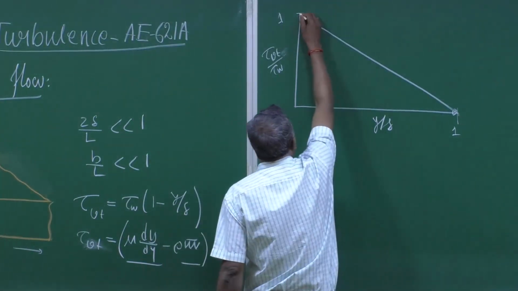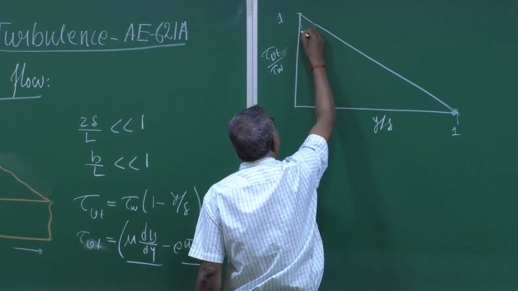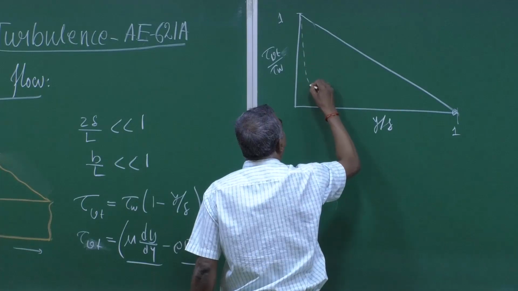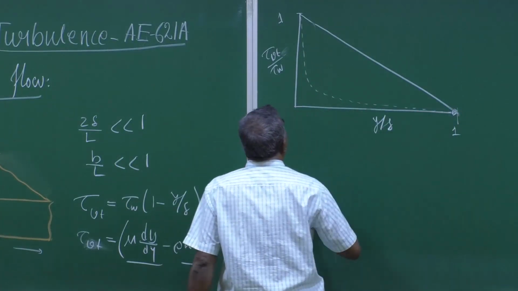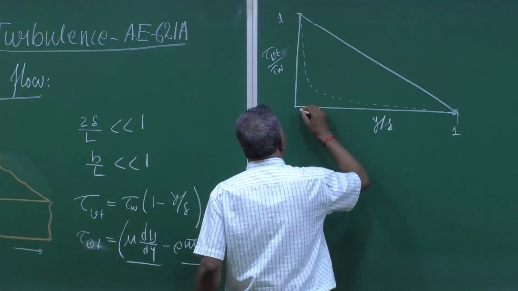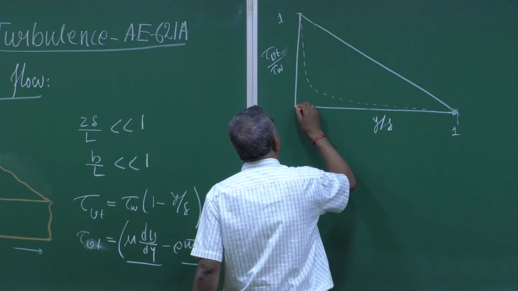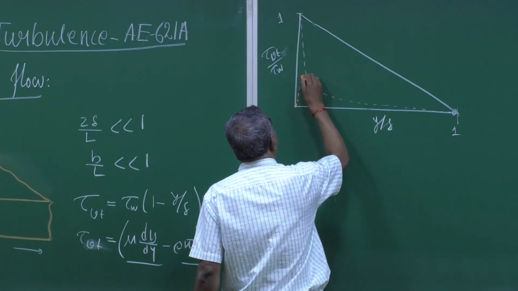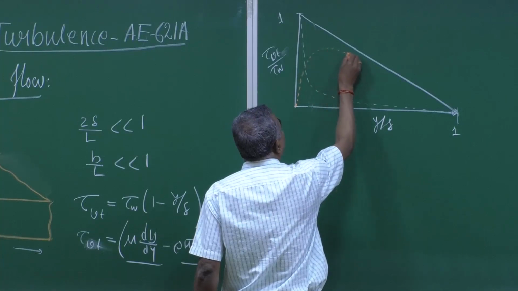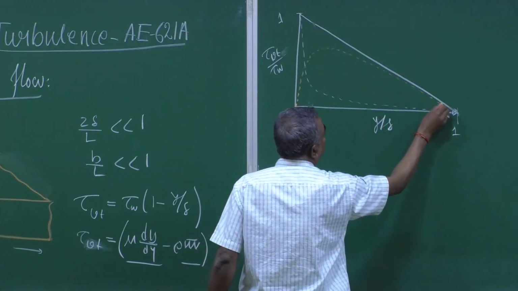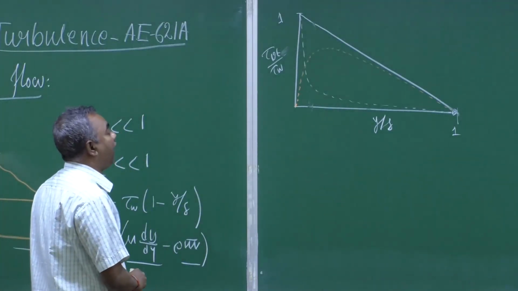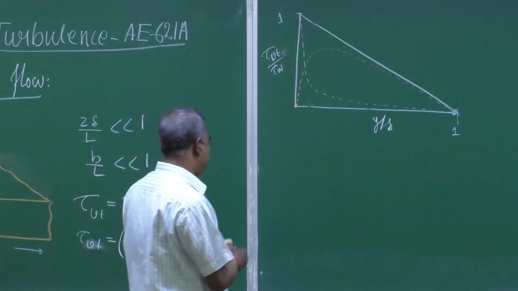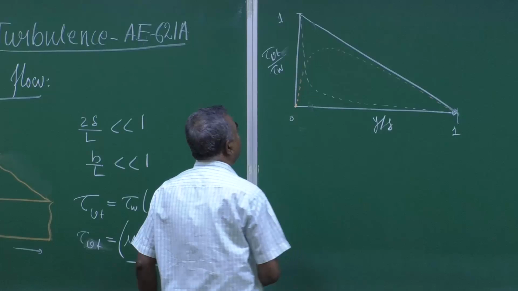If you see the viscous stress, as you slowly come away from the wall, its value starts decreasing, and it becomes almost 0 at the center line, whereas the Reynolds shear stress starts dominating as you go away from the wall, and it increases its value. Okay. So, this is y by delta equal to 0.